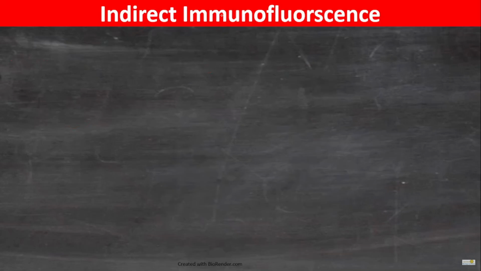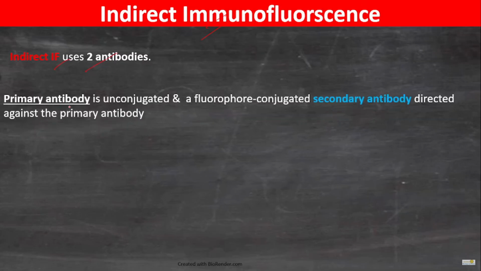So then, what is indirect immunofluorescence? Indirect immunofluorescence uses two antibodies. As the name suggests, the primary antibody is unconjugated, and a fluorophore-conjugated secondary antibody is directed against the primary antibody.